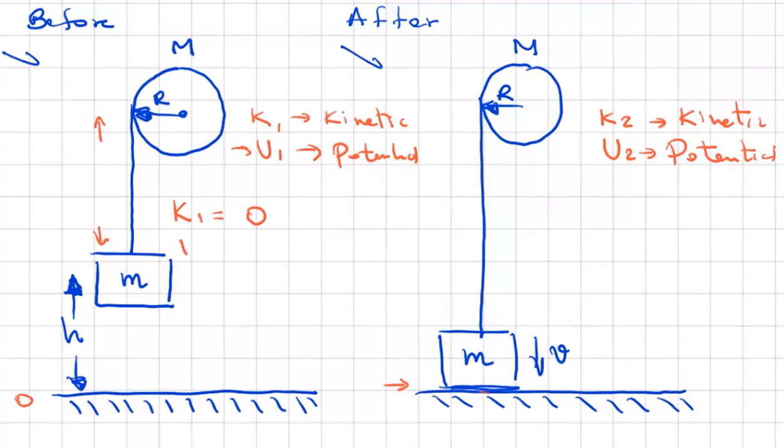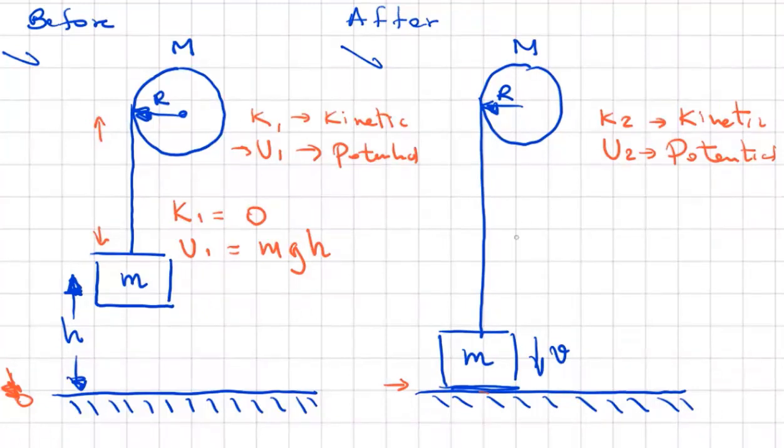The potential energy, by definition, with the position of the body at h, is going to be the mass multiplying the gravity multiplying the position, in this case the height h.